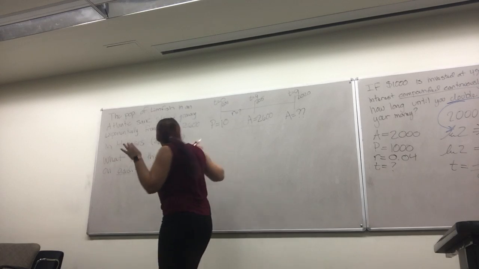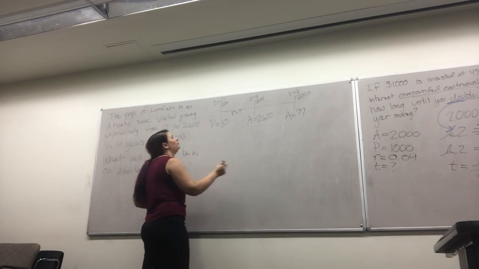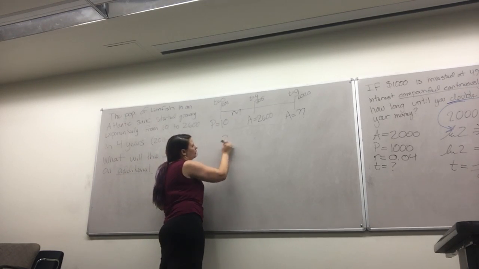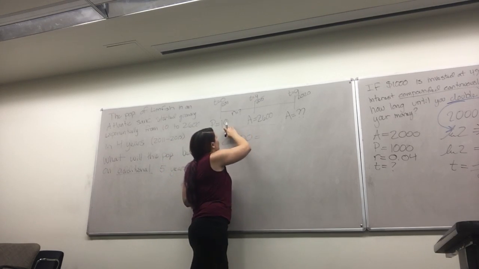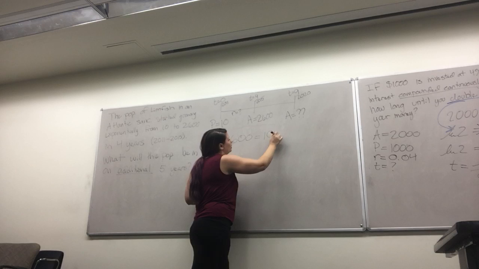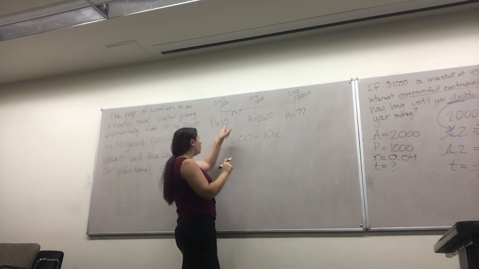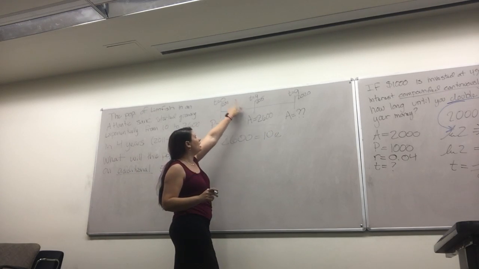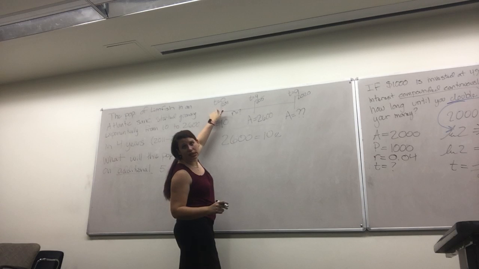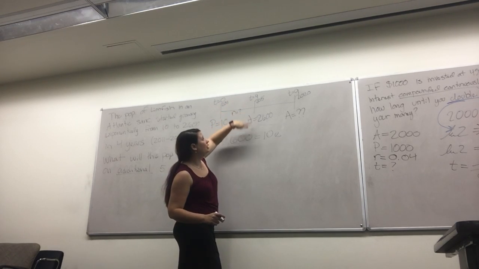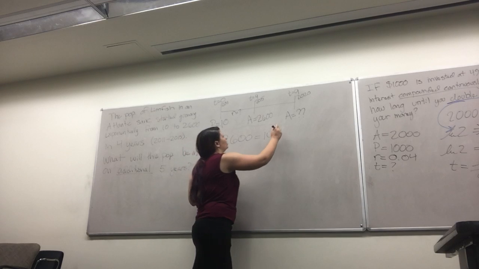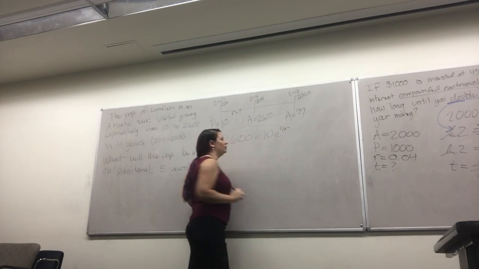So that gets real simple once we actually find R. So let's set it up. We have 2,600 is equal to P, which is 10, E to the RT. Don't ever use this T because that's just for P. Your A has to match your T. So that means we have 4R.